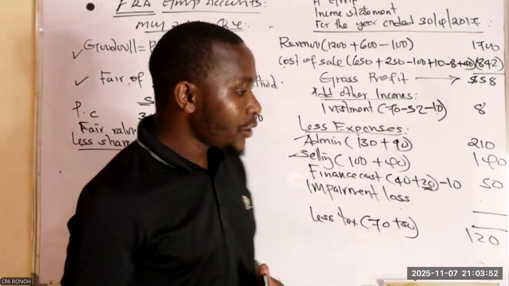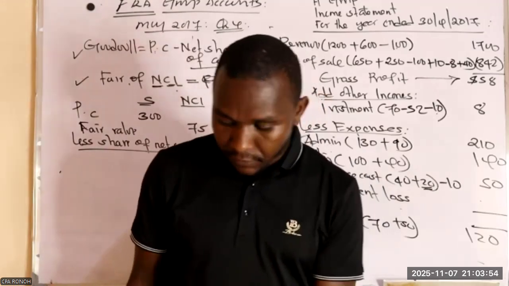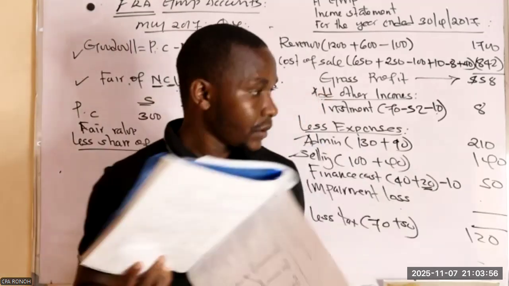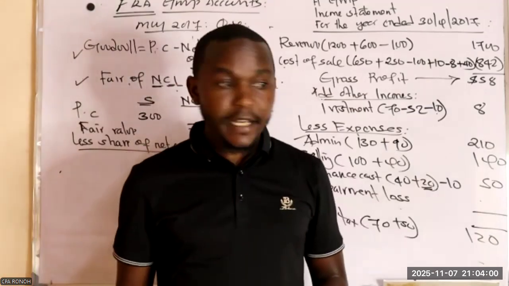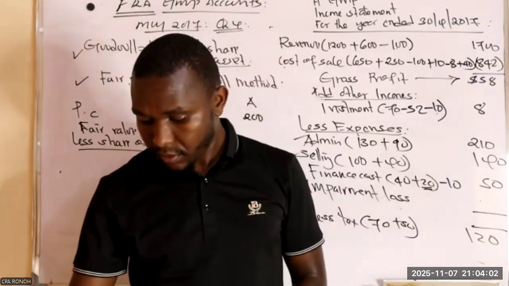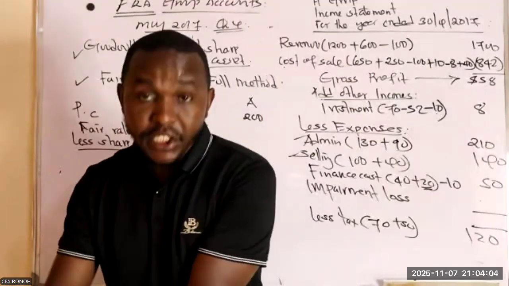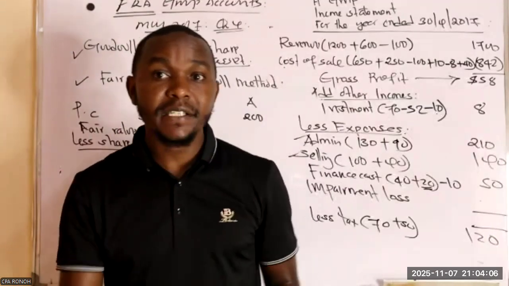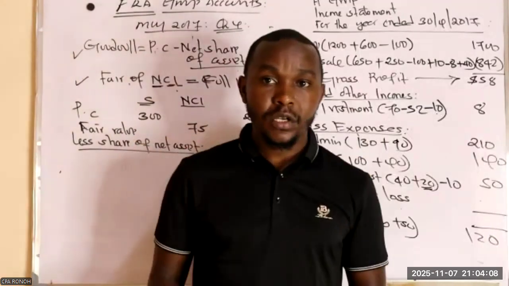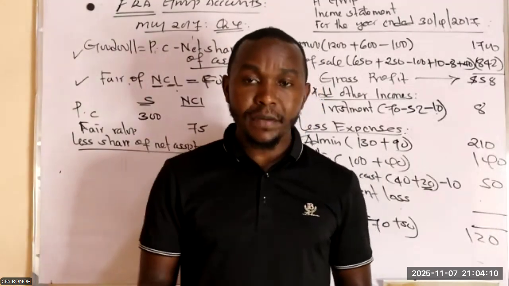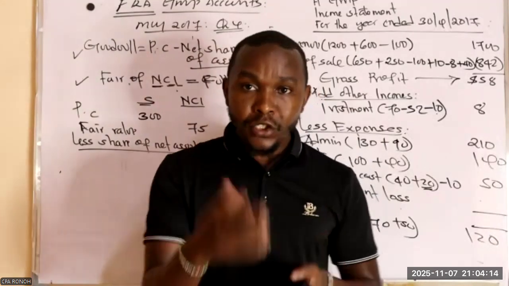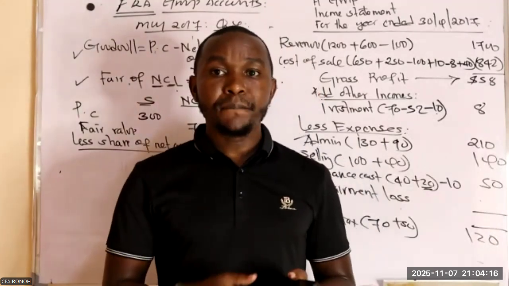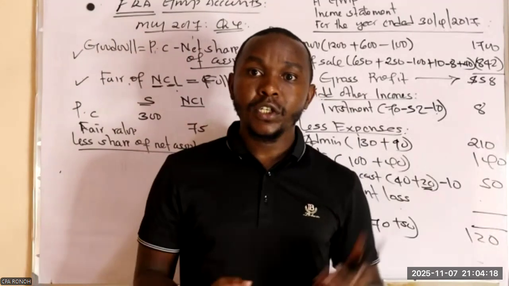So what did we say in our format about the share of net assets? Take the ordinary shares, share capital, share premium, the retained earnings, but specifically pre-acquisition, not post-acquisition, but before acquisition. And if there is any revaluation of an asset before the acquisition, we include it there.